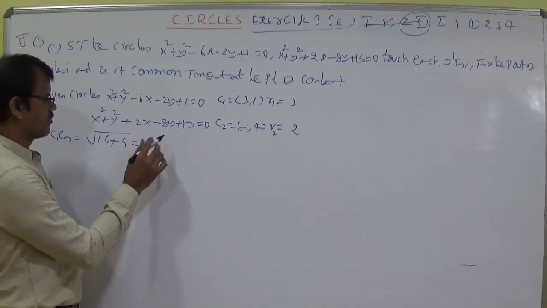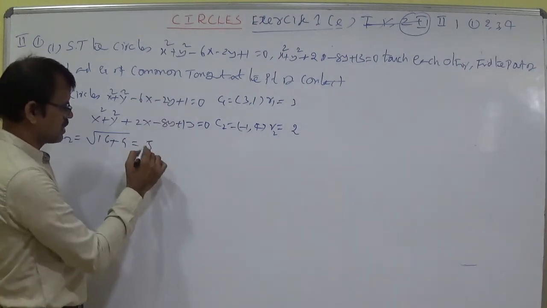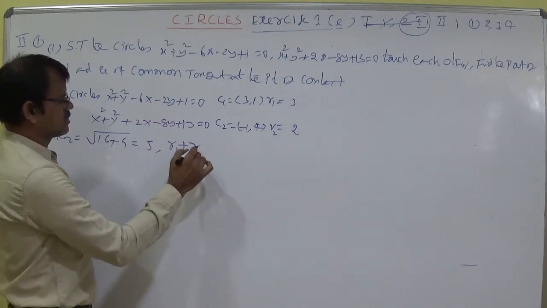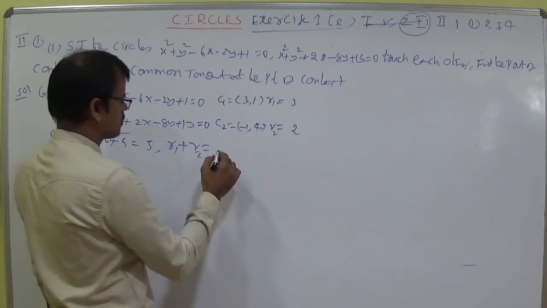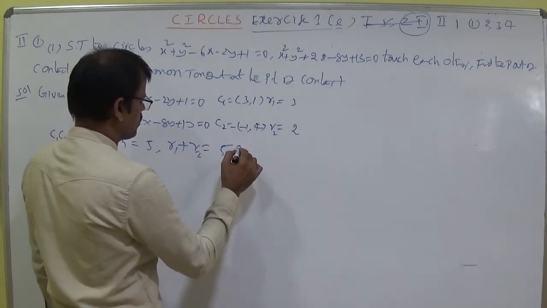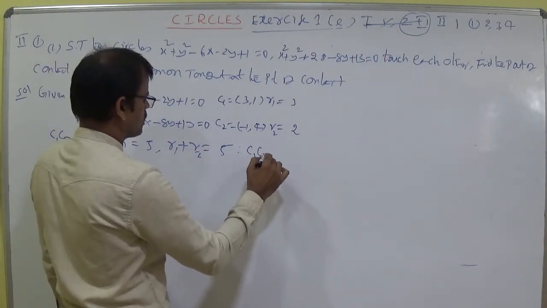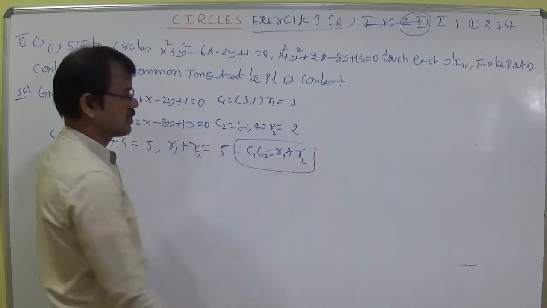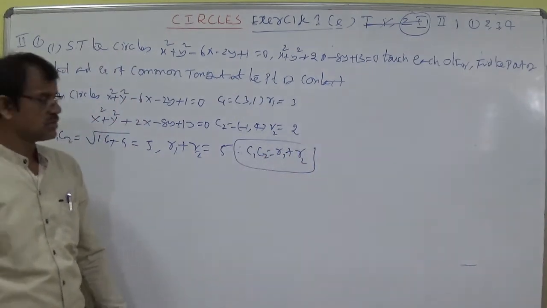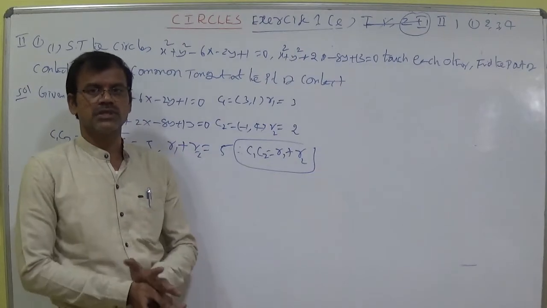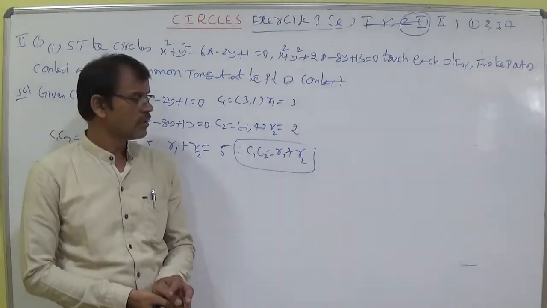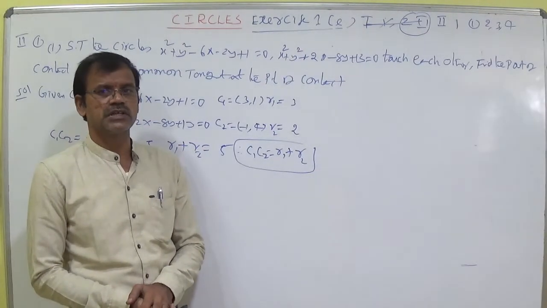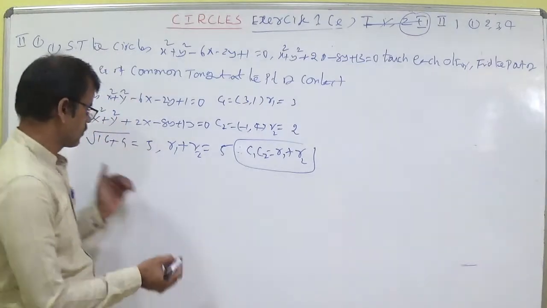So it is 25, you can write it as 5. Now next step, R1 plus R2 is equal to 3 plus 2, it is 5. Therefore C1C2 is equal to R1 plus R2. Whenever C1C2 is equal to R1 plus R2, then the two circles touch each other externally.